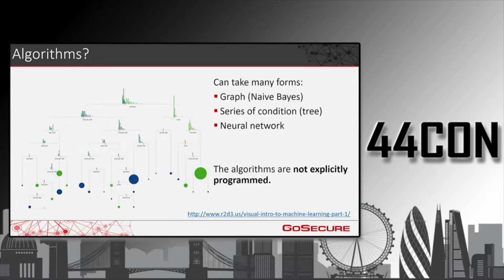So that's the type of algorithm it's producing. A neural network is another one. The idea is that those algorithms are not explicitly programmed. It will all be based on the data, the training set that we give to those algorithms.